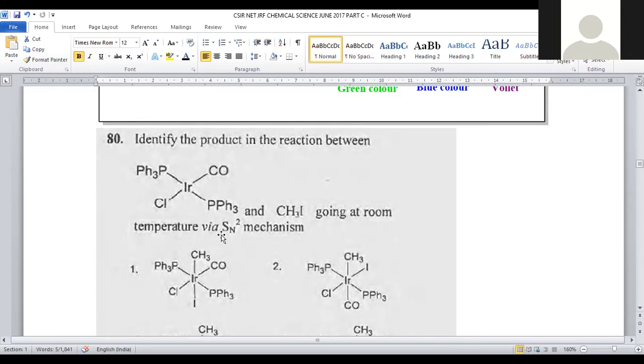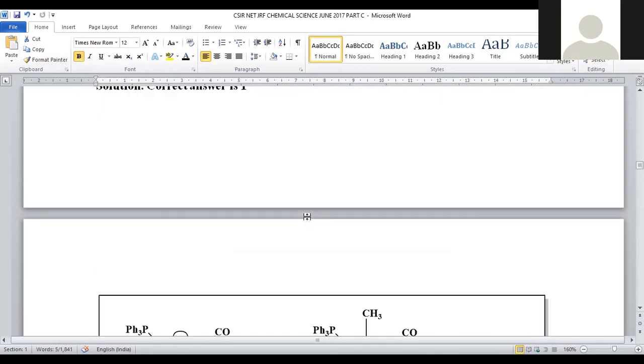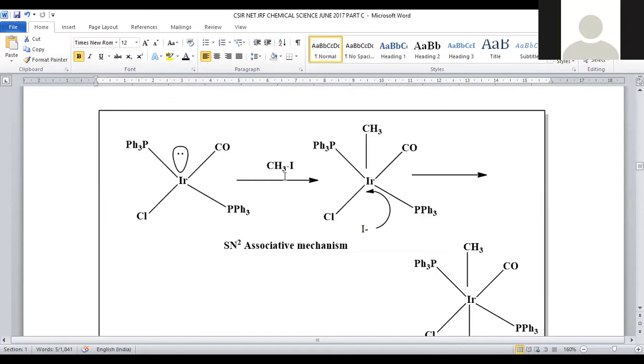The mechanism proceeded with SN2. So SN2 mechanism is always an associative mechanism. Ligand will be added without any elimination of departing group, right? So this will be an expansion type of reaction and an associative type of mechanism. So let us see the mechanism of the reaction.